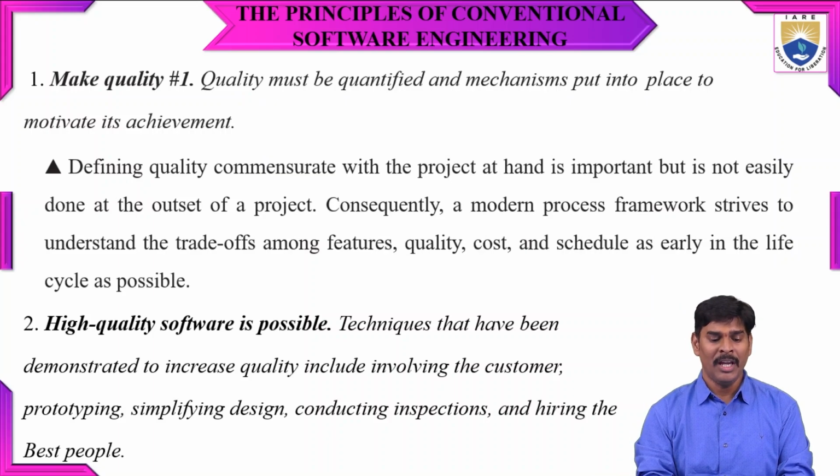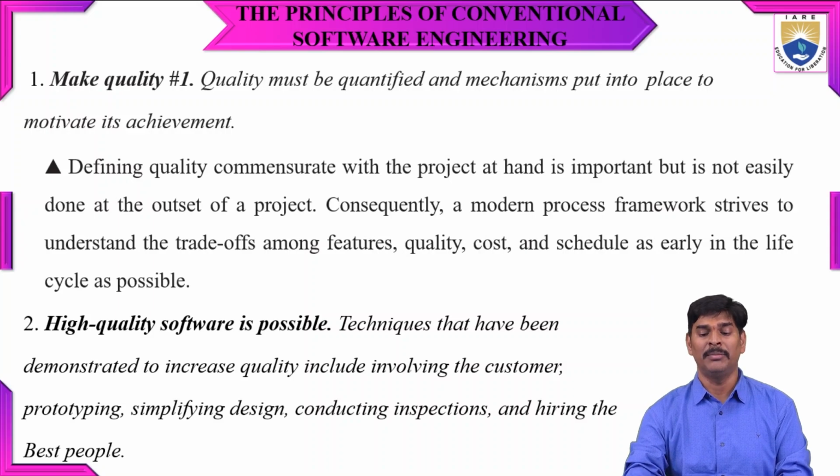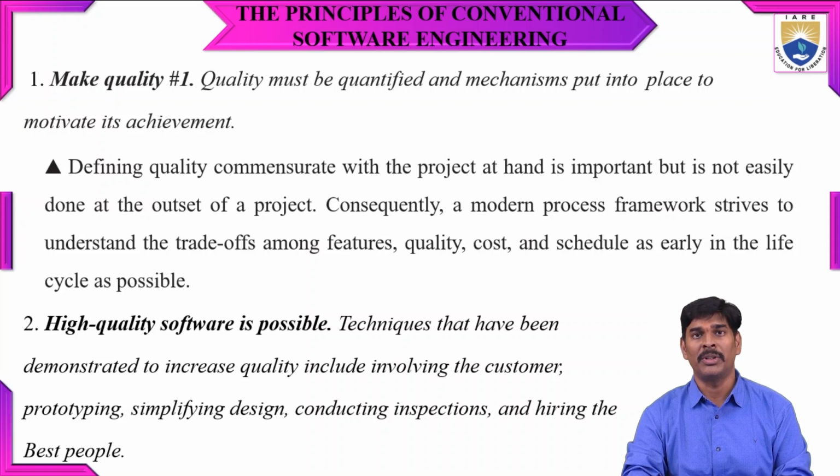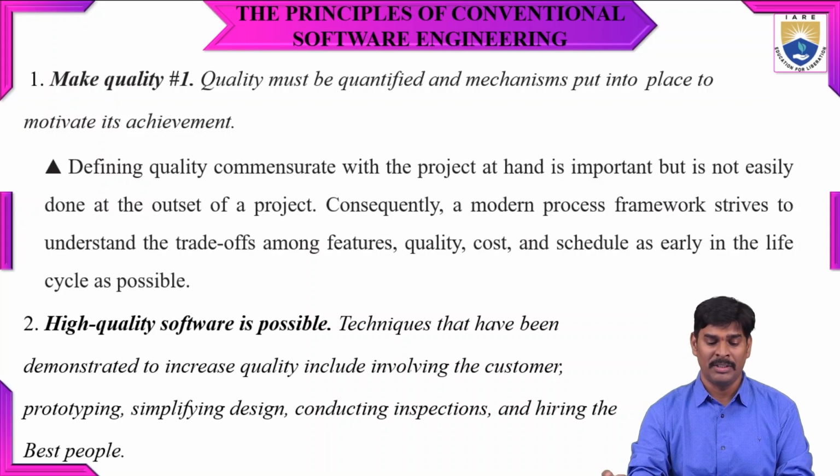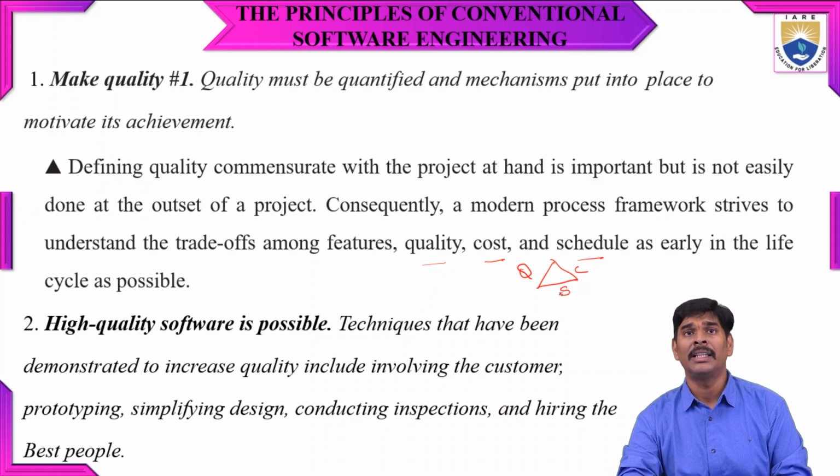Quality commitment with the project is very important. For the projects, they need to verify the quality of the project. In the modern process frameworks, they need to verify the main trade-offs: the quality, the cost and the schedule. In earlier classes we discussed the triangle shape, where quality, cost and schedule come in the life cycle.